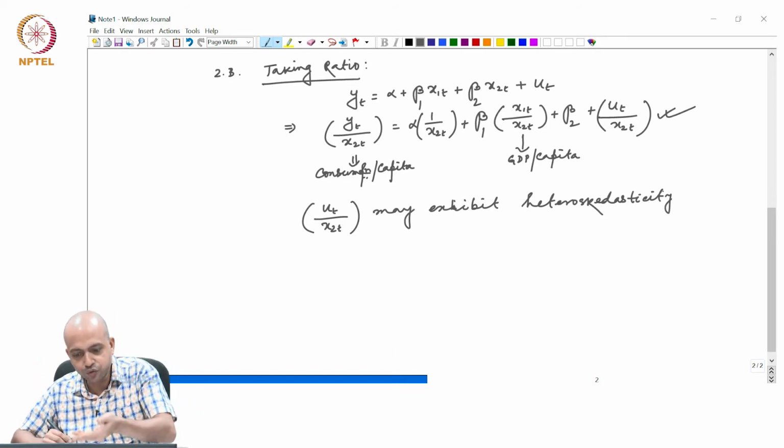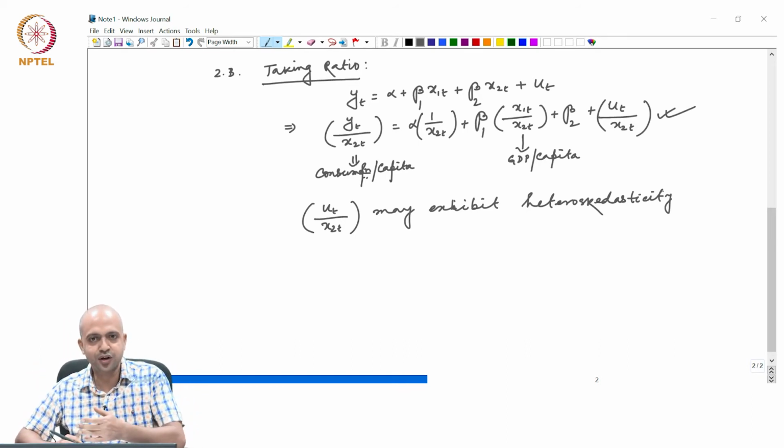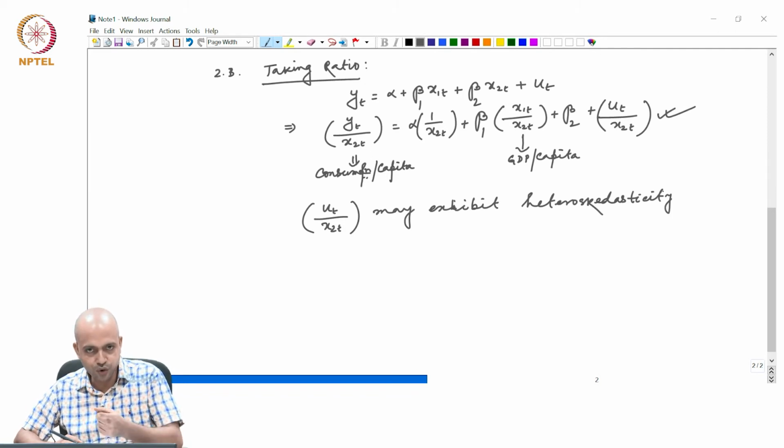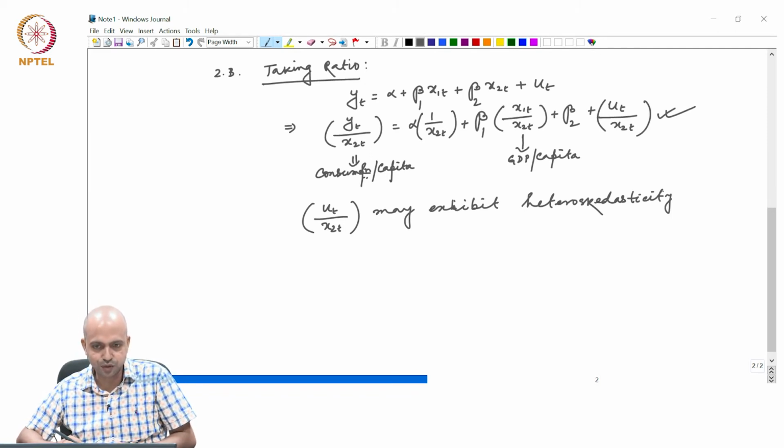So, to solve one problem you have ended up with another problem. You are trying to solve the multicollinearity problem, but after transformation you may end up with a heteroscedasticity problem. Because here u t is also divided by x 2 t, the population, right.